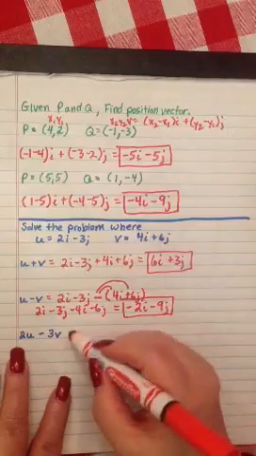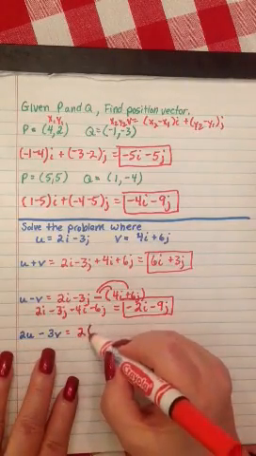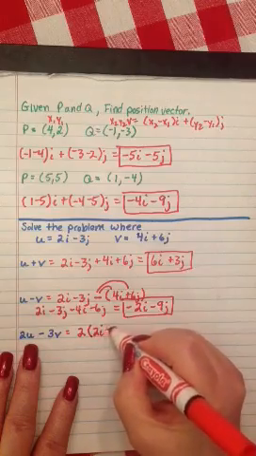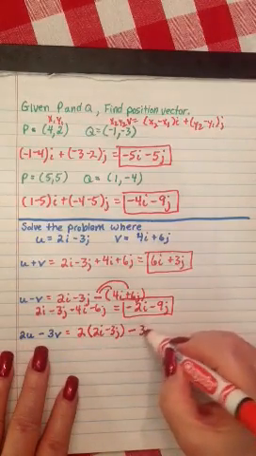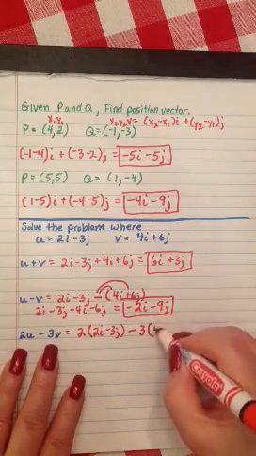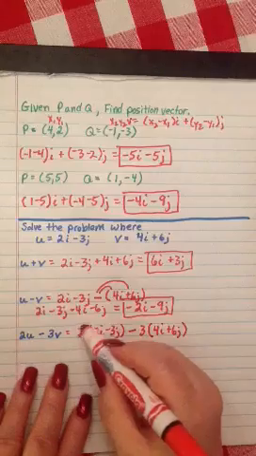All right, and the last one here, it says 2u minus 3v. So it'll be 2 times vector u, which is 2i minus 3j, minus 3 times vector v, which is 4i plus 6j. Then it's just kind of an algebra 1 thing where you distribute.